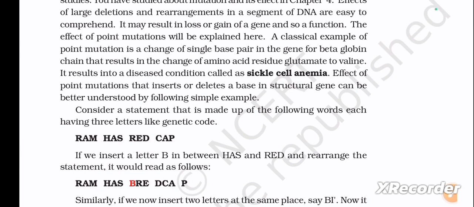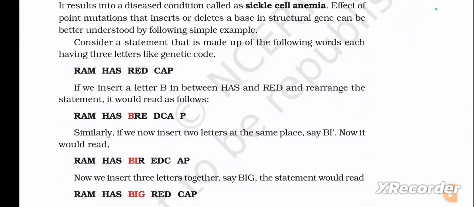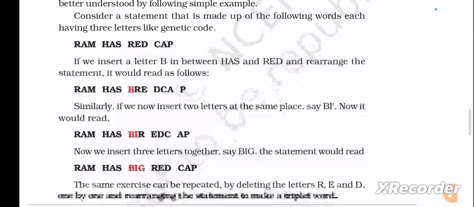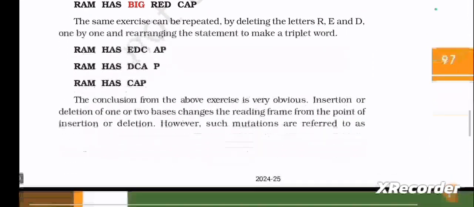If we insert a letter B in between HAS and RED and rearrange the statement, it would read as follows: RAM HAS BRE DCA P. Similarly, if we now insert 2 letters at the same place, say BI, now it would read RAM HAS BIR EDC AP. So these are the changes happening whenever a base is inserted. Okay, here they have given so many examples, you can check it out.